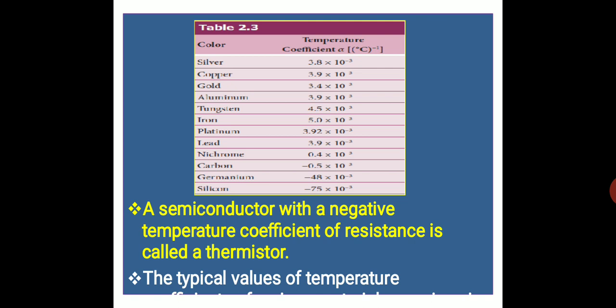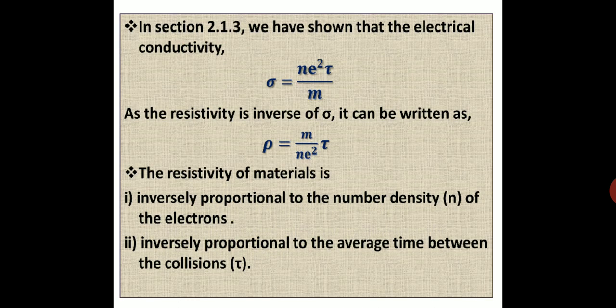The typical values of temperature coefficient of various materials are given in table 2.3. In section 2.1.3 we have shown that the electrical conductivity sigma equal to n e squared tau divided by m.